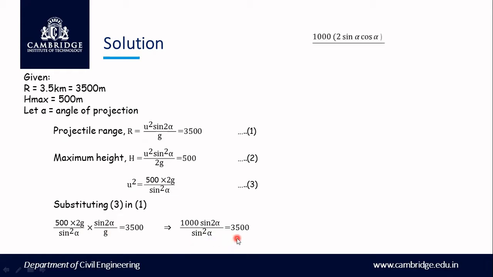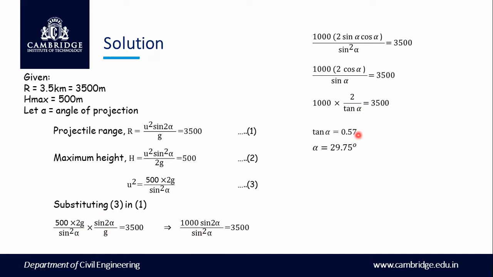Taking it further, I expand sine 2 alpha as 2 sine alpha into cos alpha, then sine gets cancelled. So 2 cos alpha by sine alpha is equal to 3500. It gets converted to tan alpha. Then tan alpha will be equal to 0.57 when you further solve it, and you get alpha is equal to 29.75 degree.